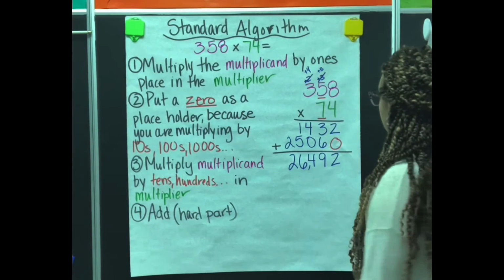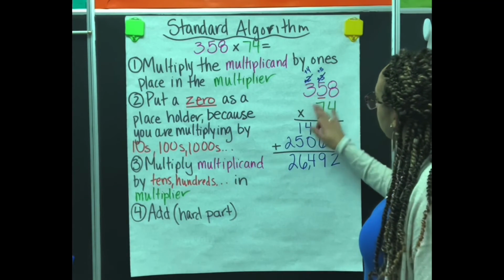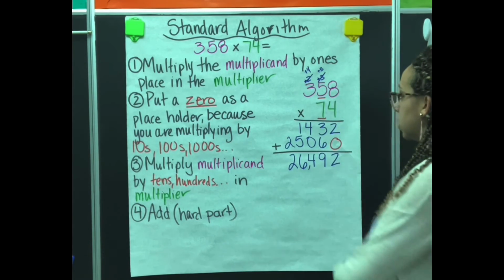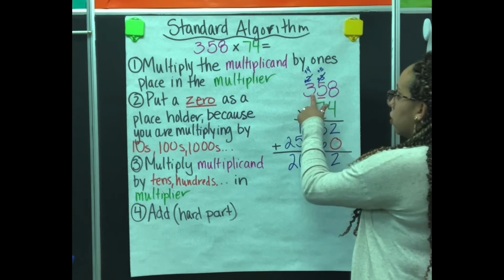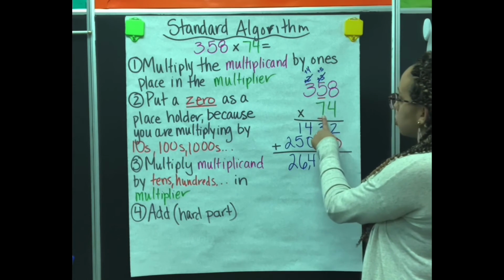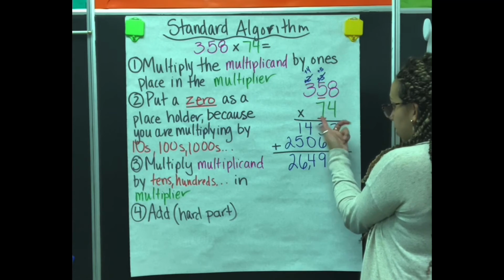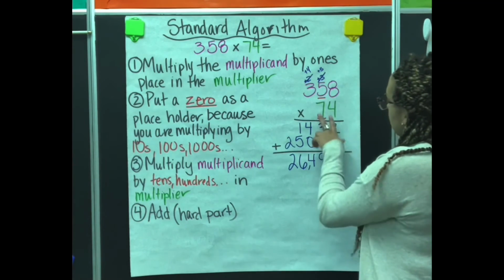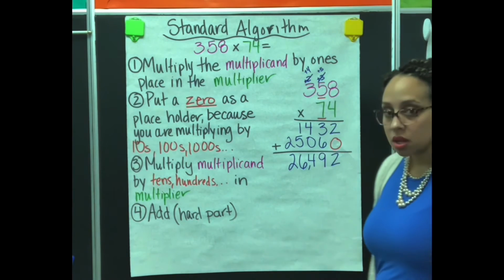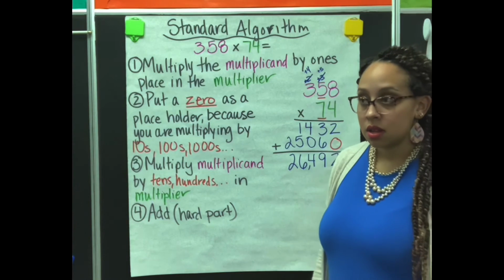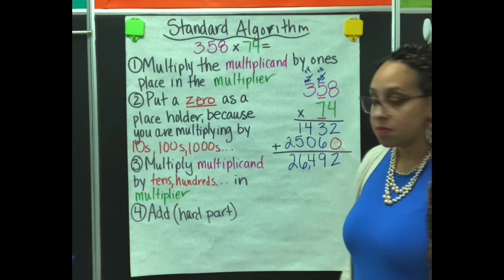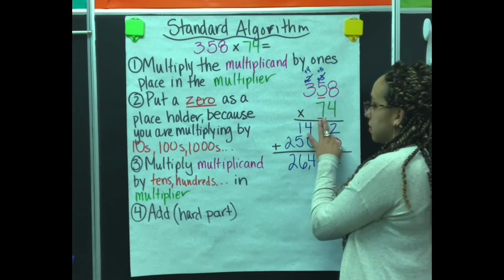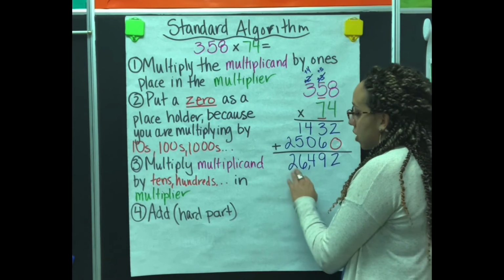And remember, if we want to see if it's reasonable, not necessarily check it because we do the check, we would round this and we would round this and multiply them. So let's round. This would turn to 400 and this would turn to 70 because 0 through 4 stays the same. So 70 times 4 is what? It's 28, but we really have 400 times 70, which is going to be 28,000.